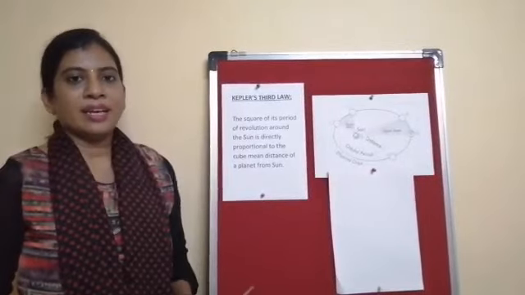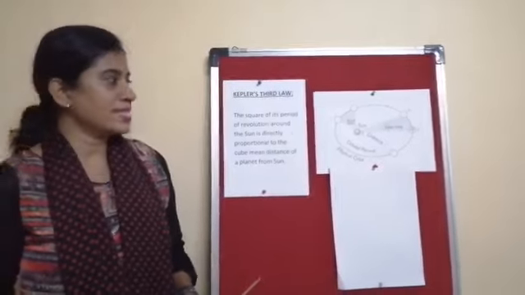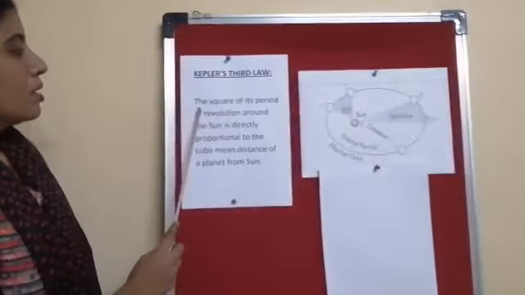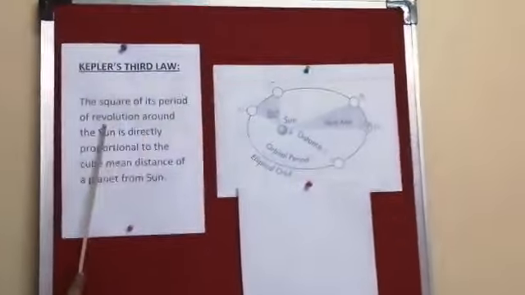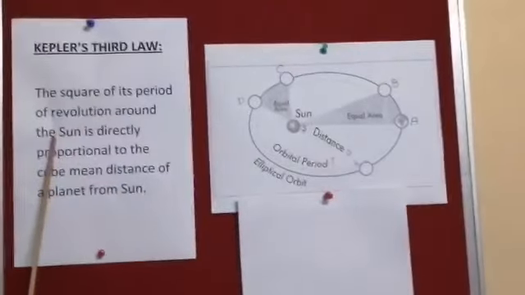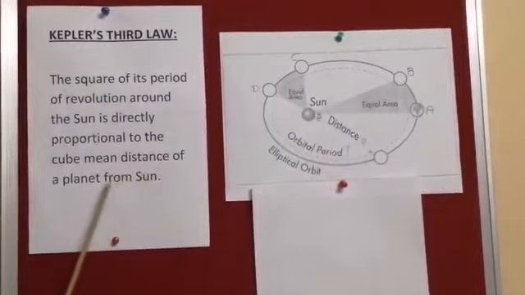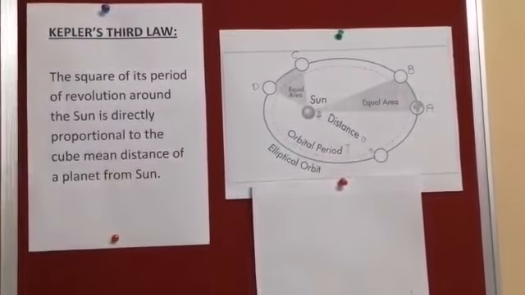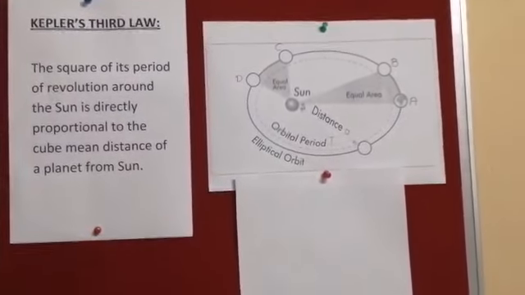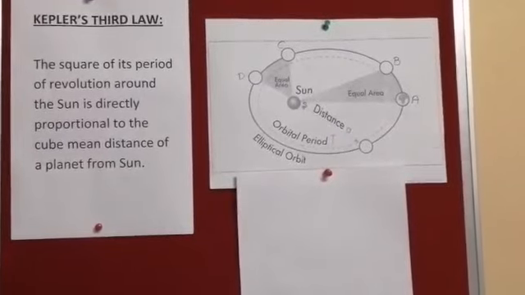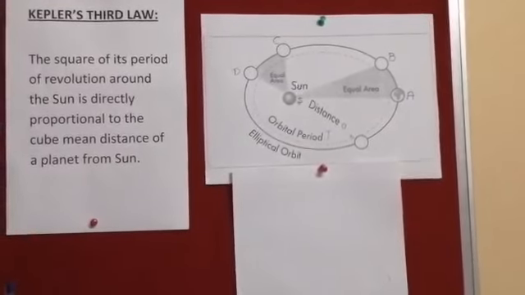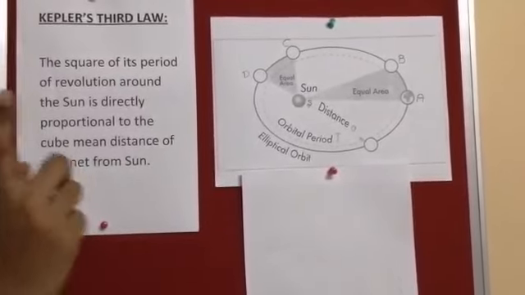Now let's see Kepler's third law. We'll see the statement first. The square of its period of revolution around the sun is directly proportional to the cube of the mean distance of the planet from the sun. Now I'll explain this. Period of revolution means the time taken to complete one revolution.